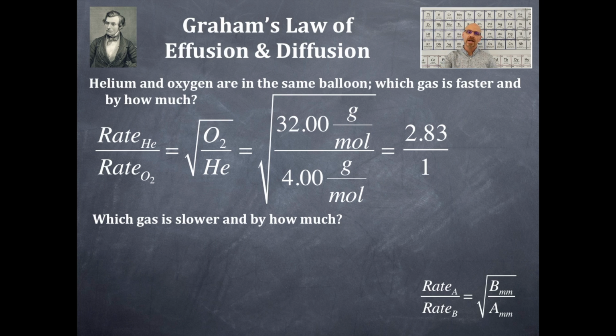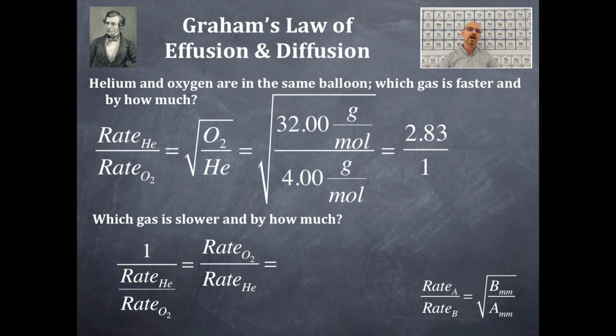We're still using Graham's law, but since we've already used it to figure out which gas is faster and by how much, I'm going to use that information and work around this example mathematically. The reciprocal of the top answer is going to be the answer to the second one. That is the rate of oxygen over the rate of helium, and that will be 0.354.